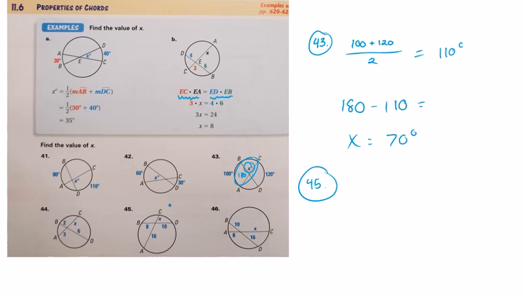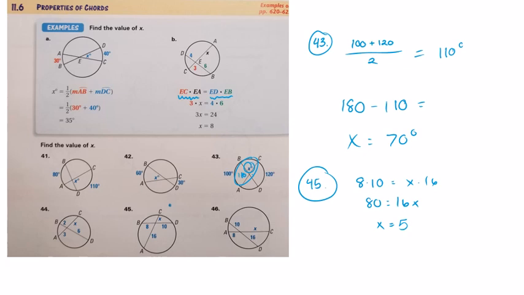So for 45, I need to take 8 times 10 should equal x times 16. So 80 equals 16x, x equals 5.